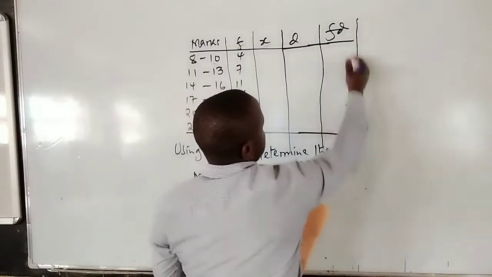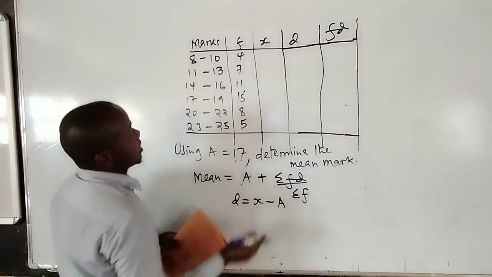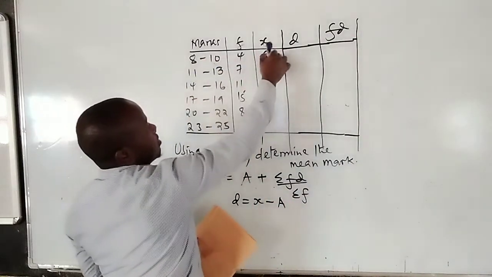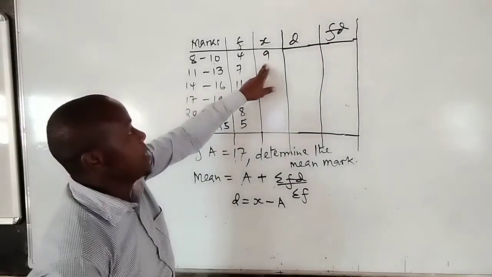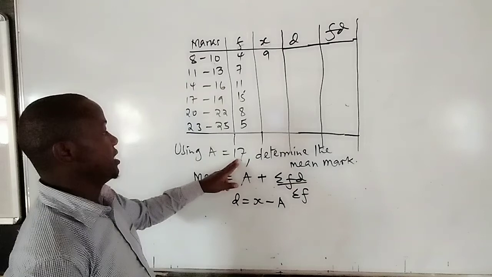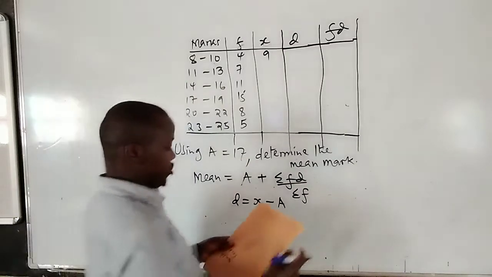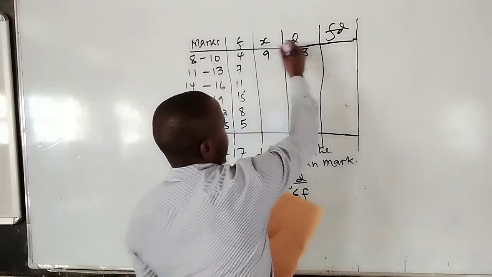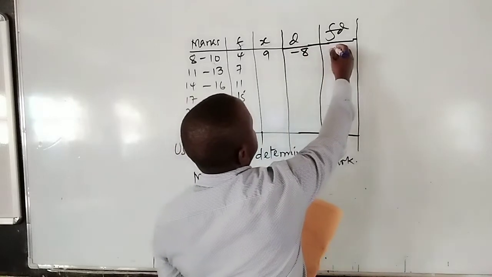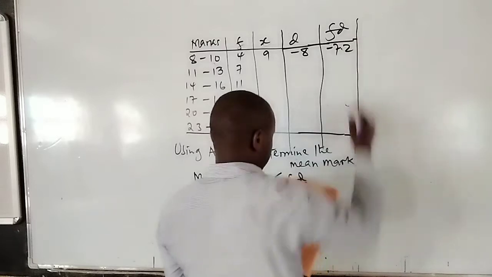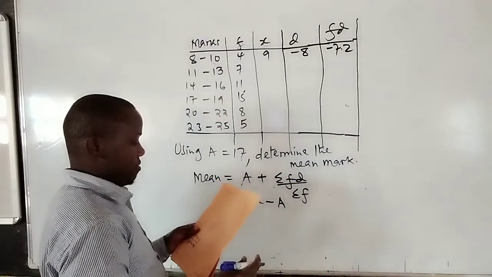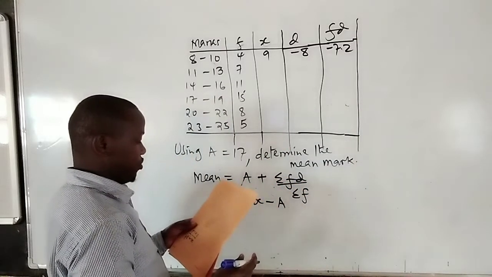The midpoint here is 9, and the deviation is 9 minus 17, which gives negative 8. Negative 8 by 4 is negative 32.